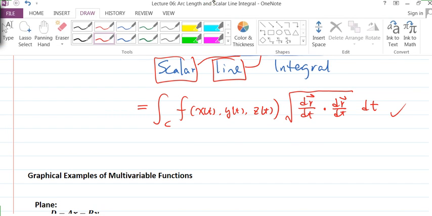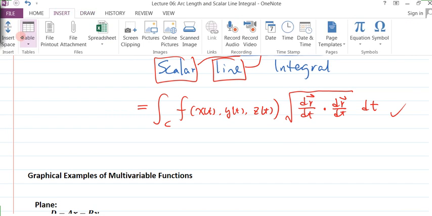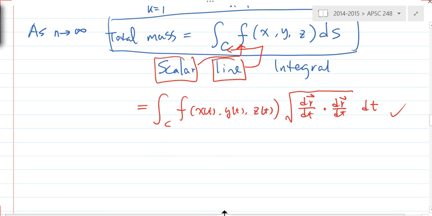Now, however, I do need to mention that I derived this using the so-called mass of a wire. But coming back to this line integral formula, it doesn't necessarily always refer to the mass of something. It could be pure math, and f maybe represents some other physical quantity.